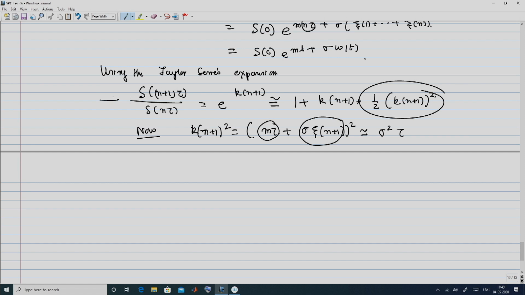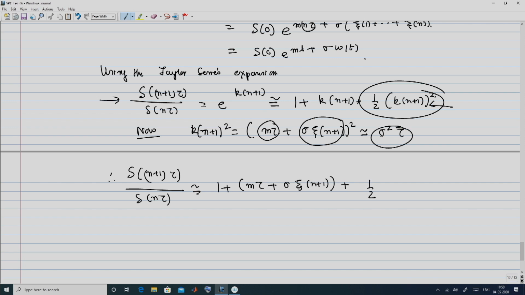Okay, so let me now come back to this. Therefore, I have s of n plus 1 of tau by s of n tau. This is approximately going to be 1 plus k n plus 1, which I will now substitute as m tau plus sigma xi n plus 1, plus half, and this term I will replace with sigma square tau, and this I can rewrite as 1 plus m plus half sigma square with a tau common factor plus sigma xi n plus 1.